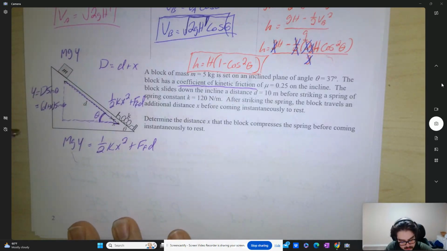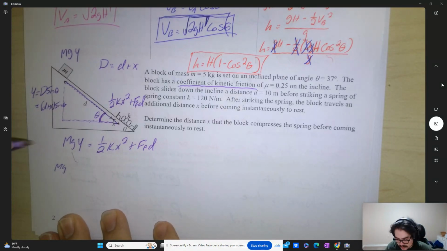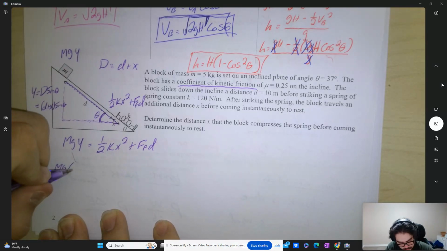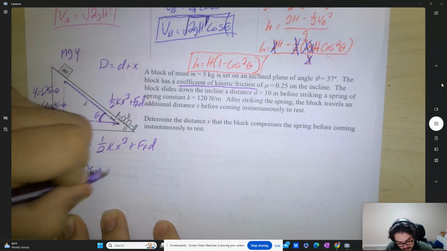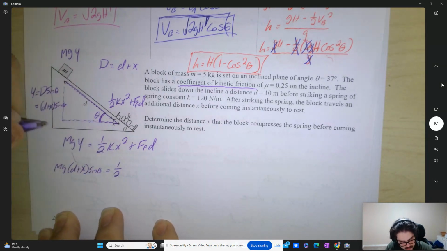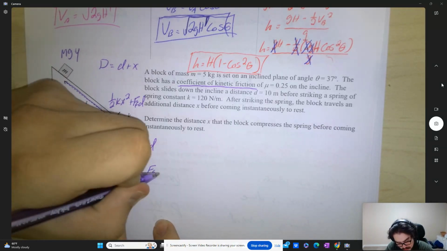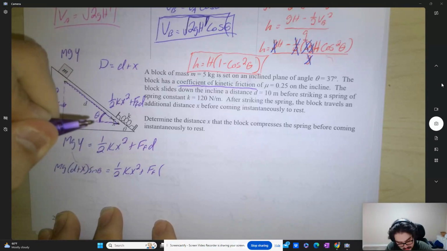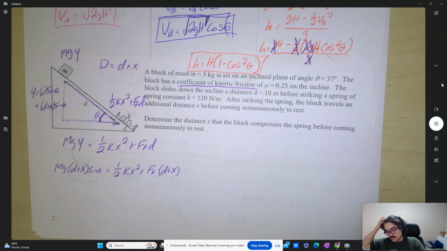So when I make my substitutions, I'm doing mg (d plus x) sine theta equals 1/2 kx squared plus the force of friction times (d plus x), because that's the whole distance that it travels.